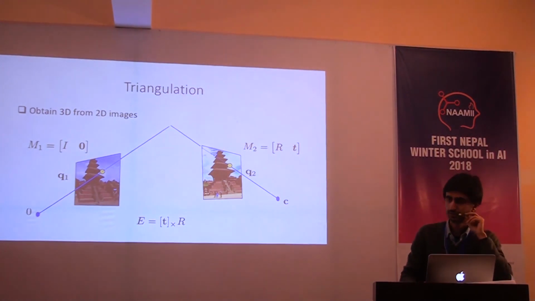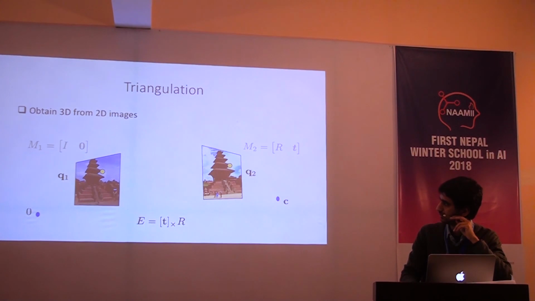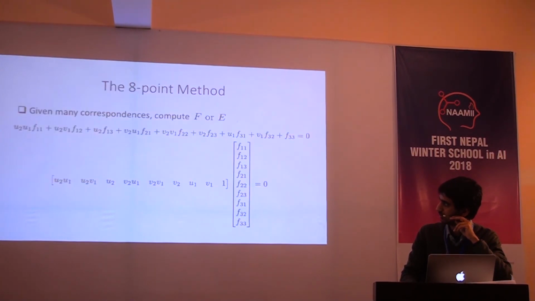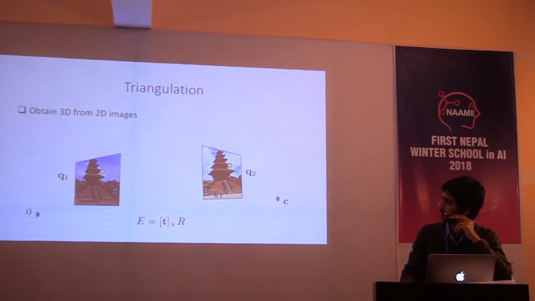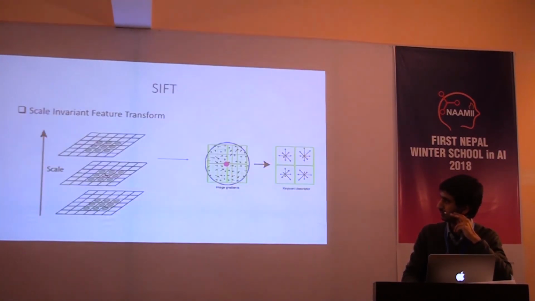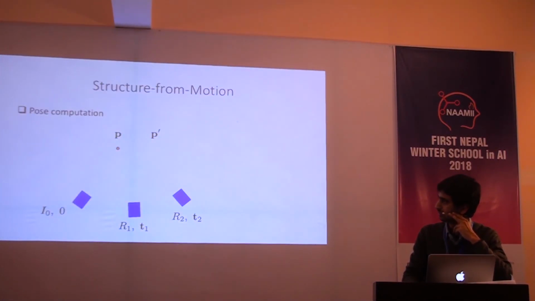So if you have 3 different cameras, you compute the rotation and translation from this essential matrix, and rotation and translation from this essential matrix.